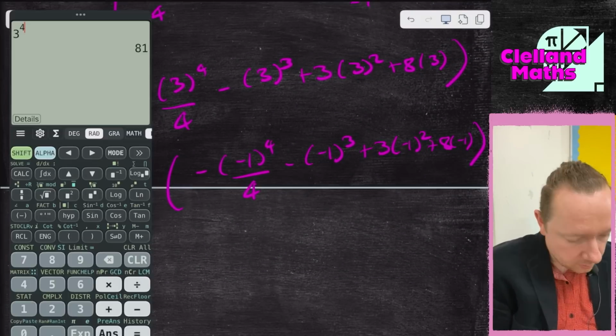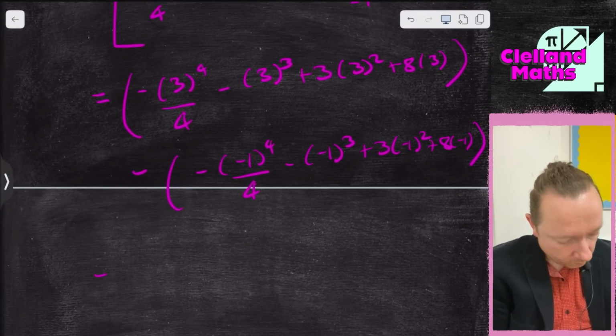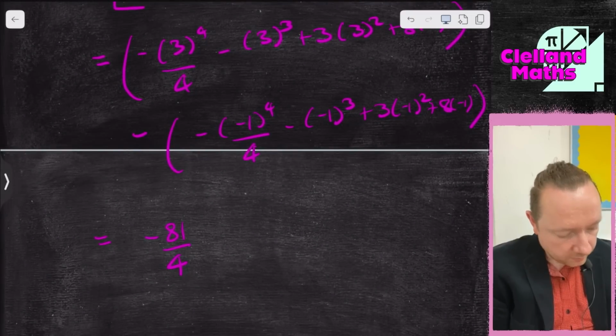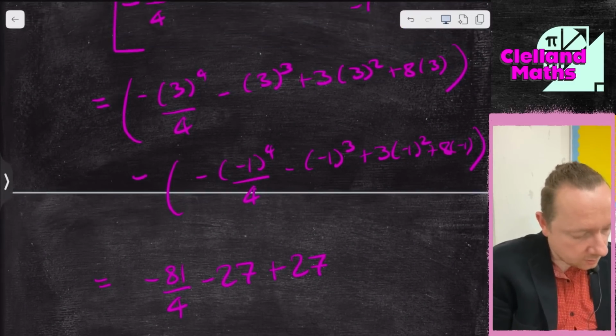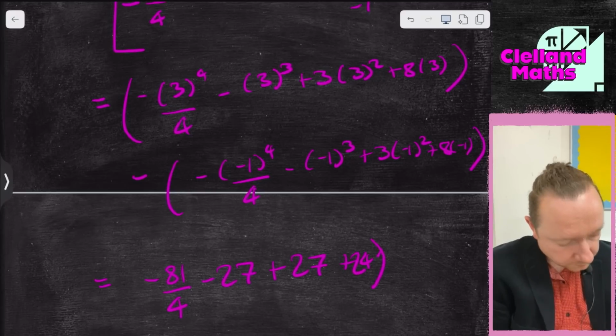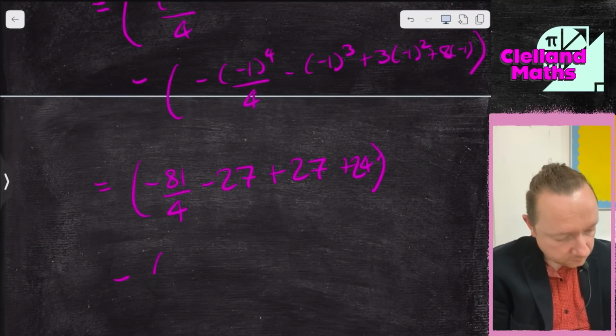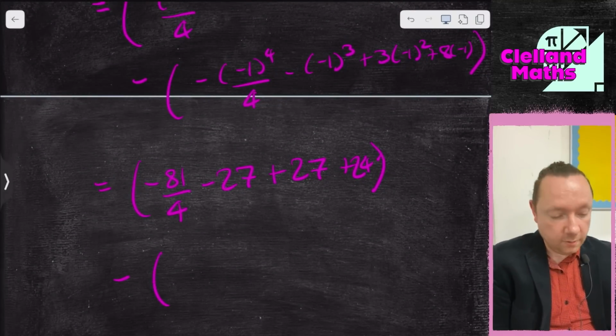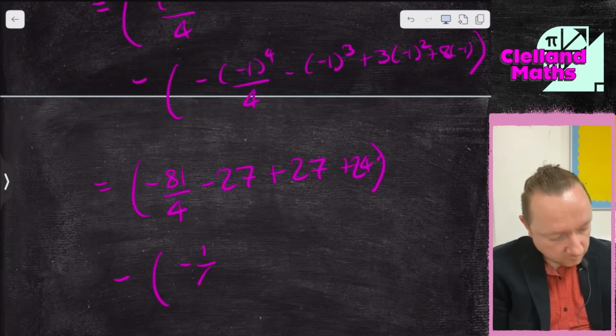Evaluating that then, we've got 81 over 4 minus 27 plus 27 plus 24, that's our first bracket, minus 1 to the 4 is 1, but then it's a minus in front, so it's minus a quarter.